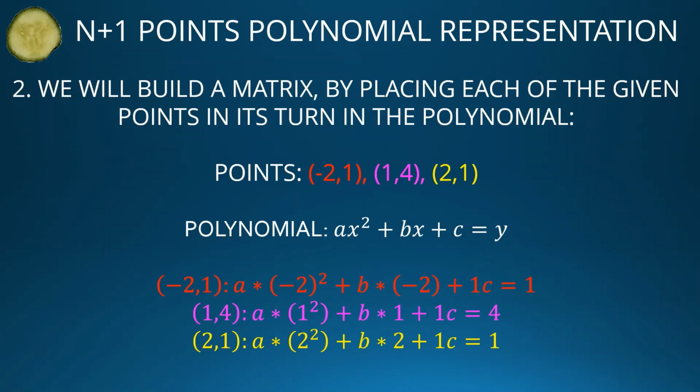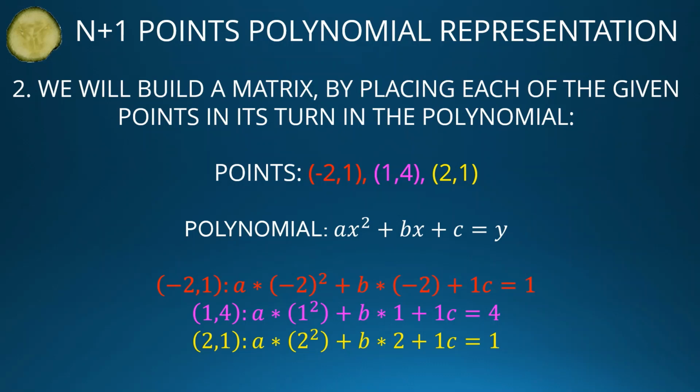We will build a matrix by placing each of the given points in its turn in the polynomial. So our points, as you might remember, are (-2, 1), (1, 4), and (2, 1), and the polynomial is ax² + bx + c = y.